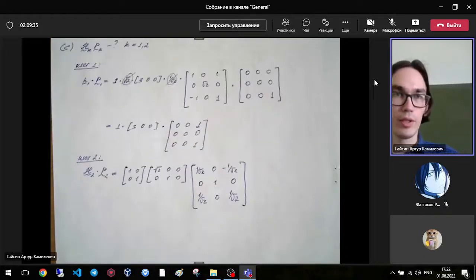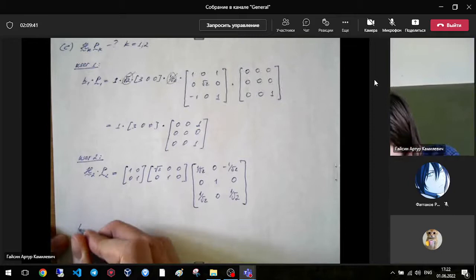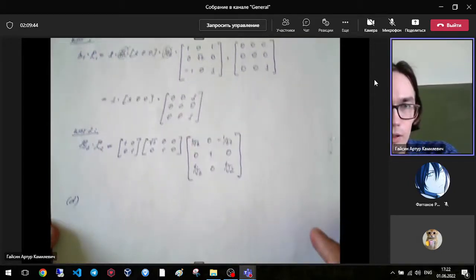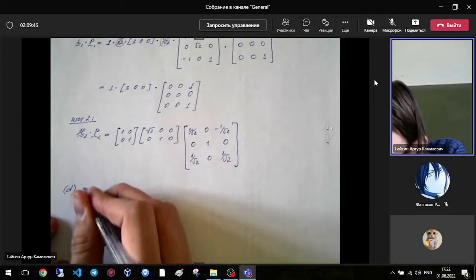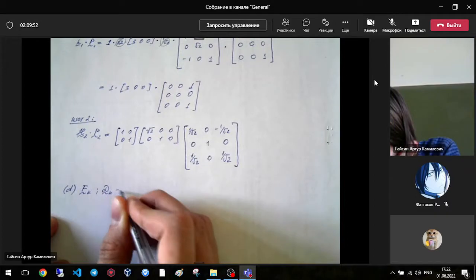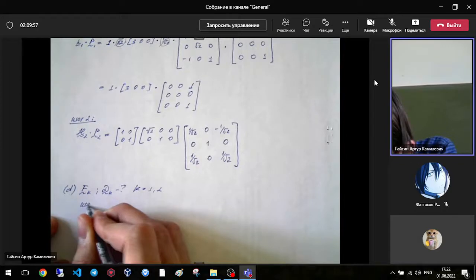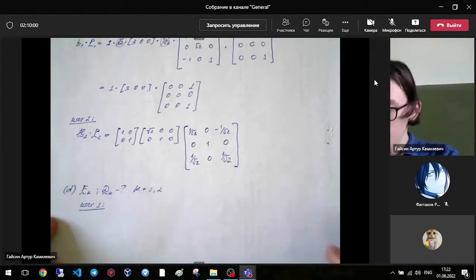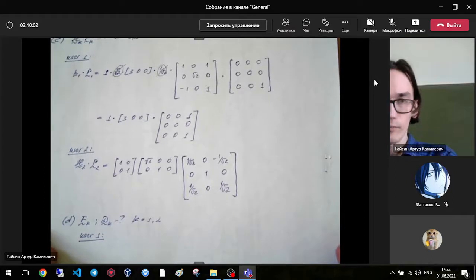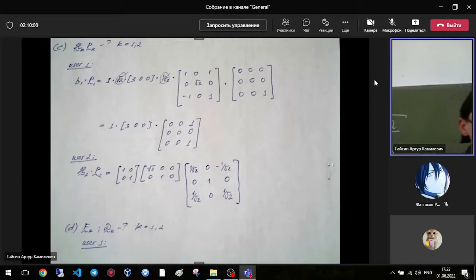Let's write maybe it as subtask D. And we want to get the precoding matrices and decoding matrices for K1, 2. So first, we assume user 1. And let's work together. If you open your textbook, you can see that F1 should be equal to V1.